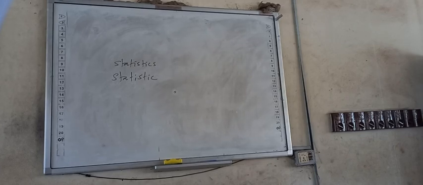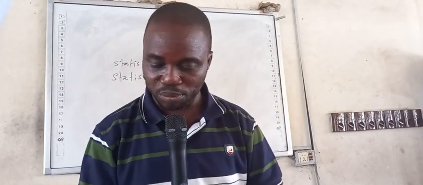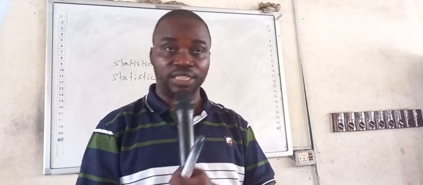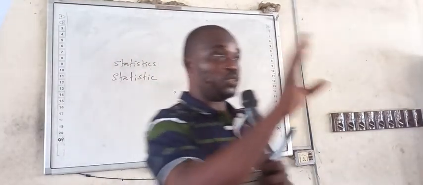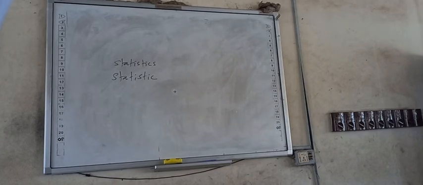Under descriptive, there are six points in the definition, and descriptive takes three of them. Number 1 is collection. Number 2 is organization, and the last one is summarization. So those three fall under descriptive, while the last three fall under inferential.